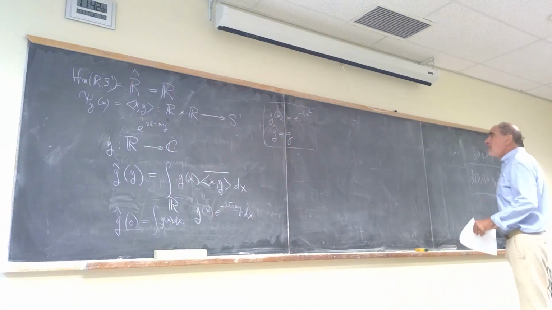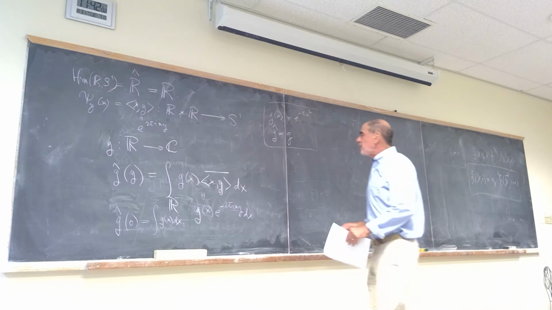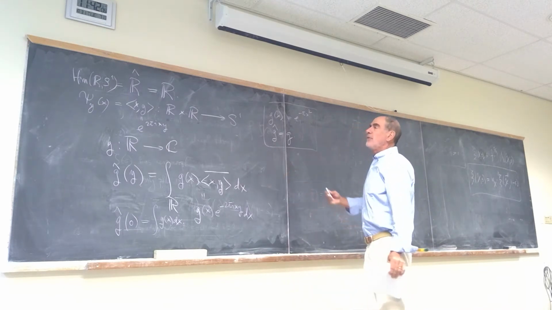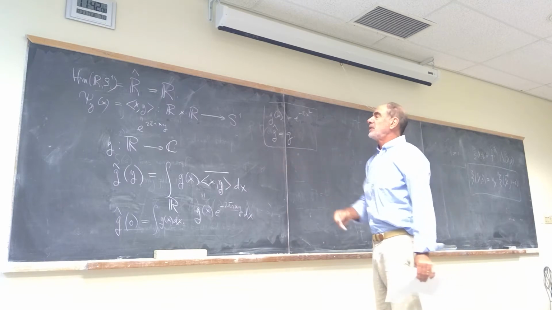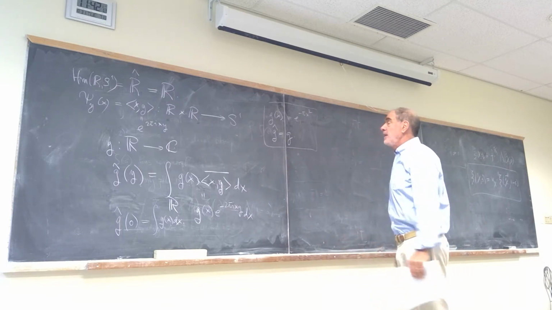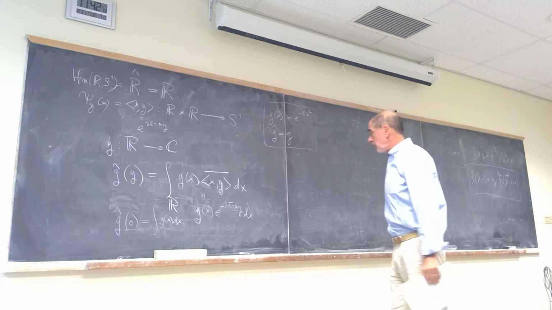I said that if you have one function g, you can make another function by doing various operations on the real numbers, like adding something to the argument or multiplying the argument by a scalar, and you want to see how that affects the Fourier transform.